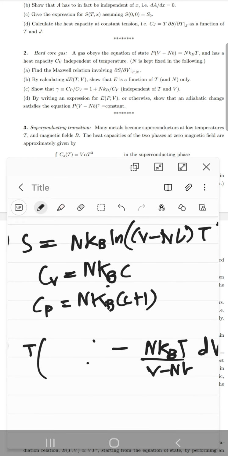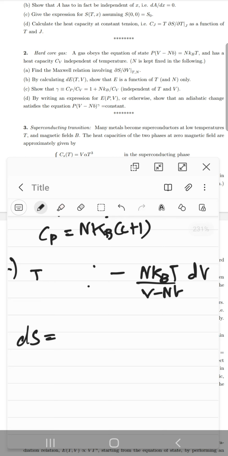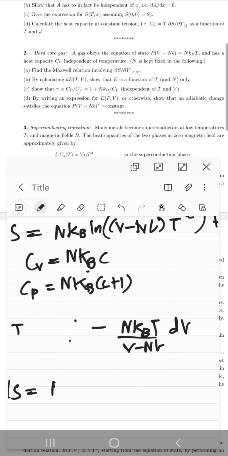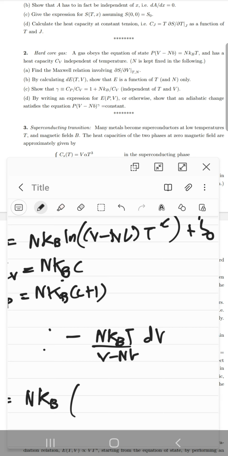So dS will just be, actually just write that down. So dS is what, nkB, and that times this stuff, it's gone, okay.